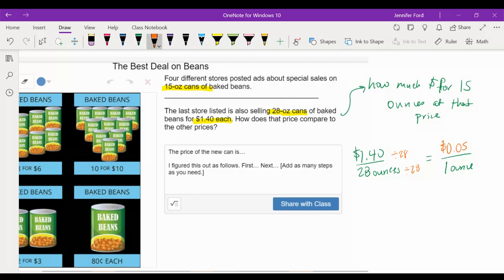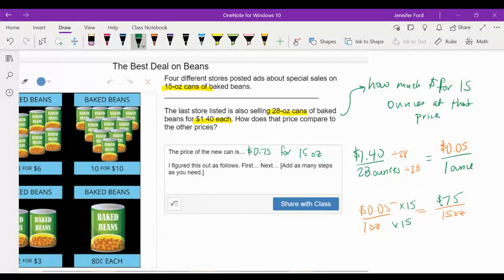And then I want to take that up to 15 ounces. So here, I need to multiply times 15, because 1 ounce times 15 gets me 15 ounces. So 5 cents times 15 is 75 cents for 15 ounces. So the price of the new can is 75 cents for 15 ounces.